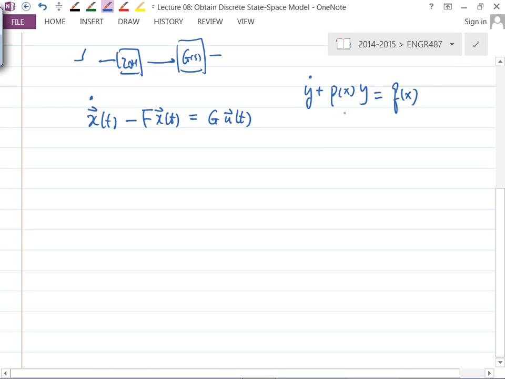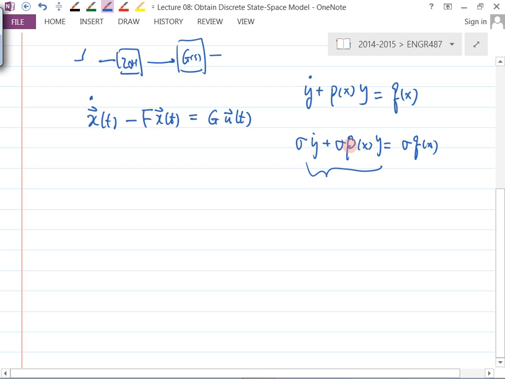When I try to solve this first order differential equation, if you remember from the previous lecture, there is an approach called the integrating factor method. What do you do with the integrating factor? You multiply each side of the equation with a so-called integrating factor, which we call sigma.